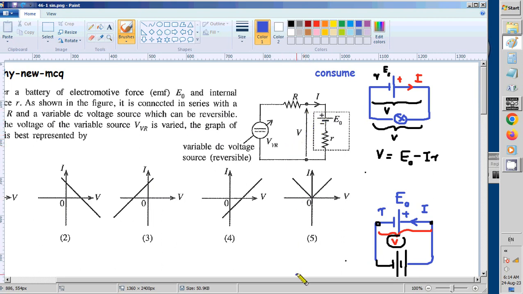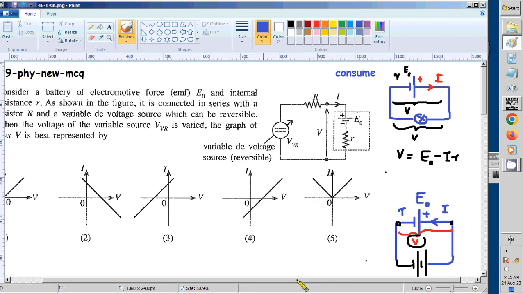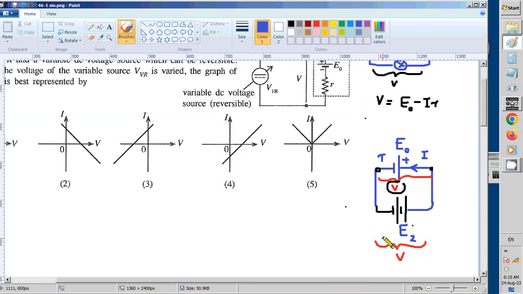So when a battery is being charged, here we saw that the voltage of this external power supply must be greater than the EMF of the battery under charge.